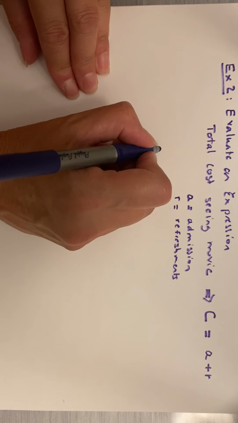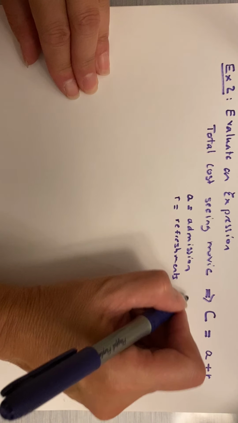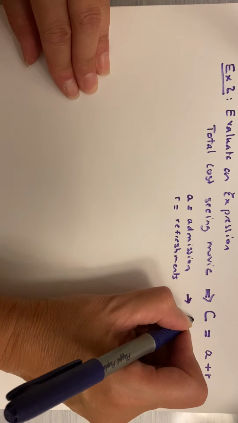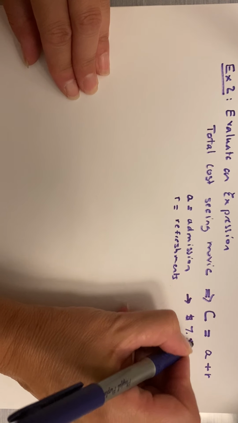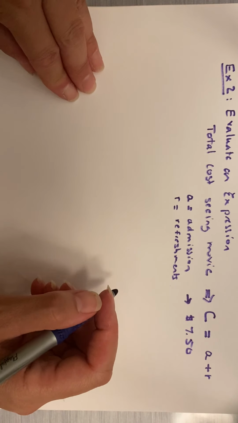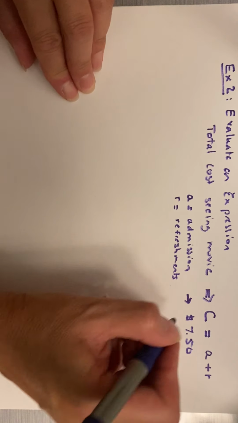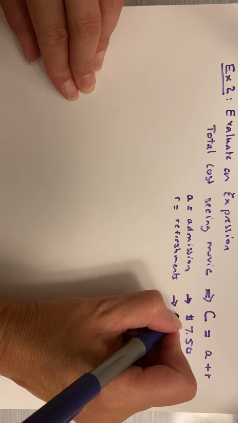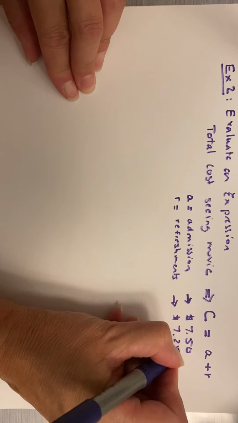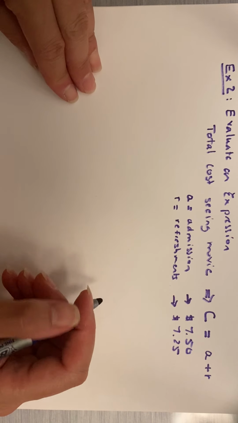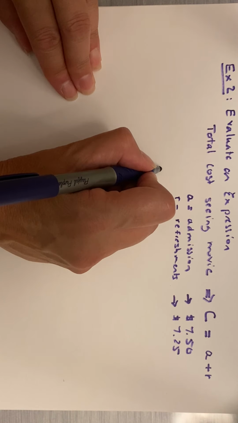But if I tell you that admission was $7.50, it used to be cheaper in the old days, and the refreshments were $7.25, now you can find your total cost.